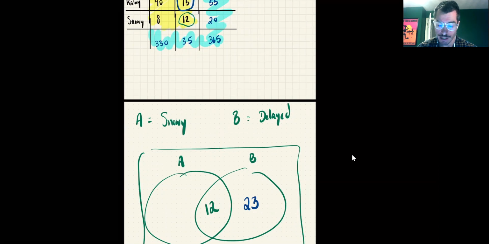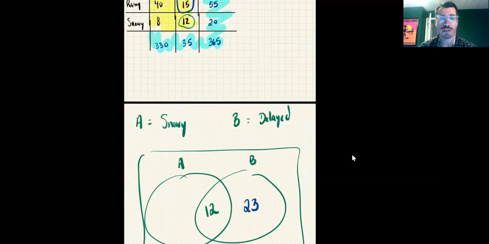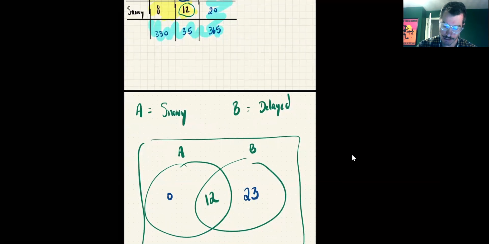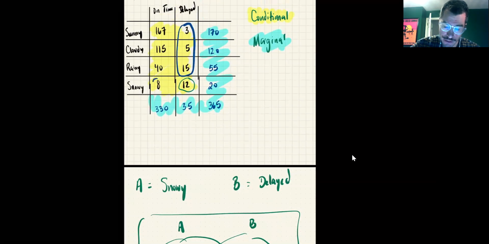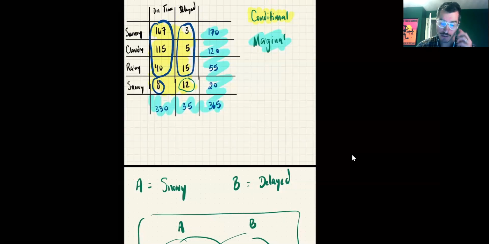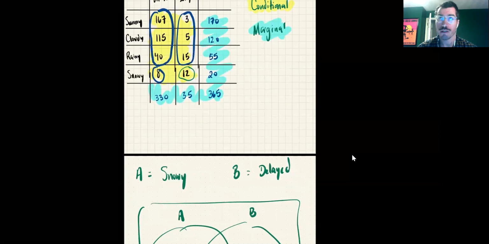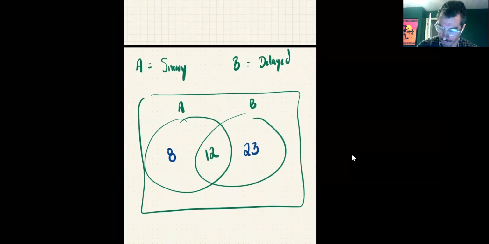Finally, how many times were we snowy, but we weren't delayed? I can clearly see that that was 8. And this only represents 43 instances. Everything else that we haven't talked about, all of these times where we were on time and not snowy, adding that up, that's 155, 315, 322.